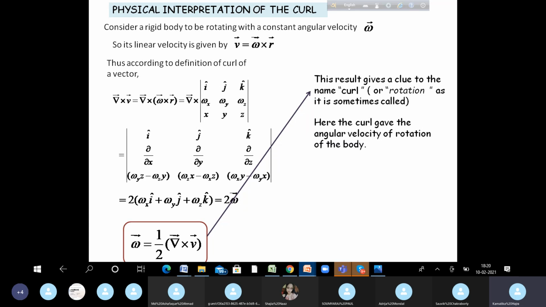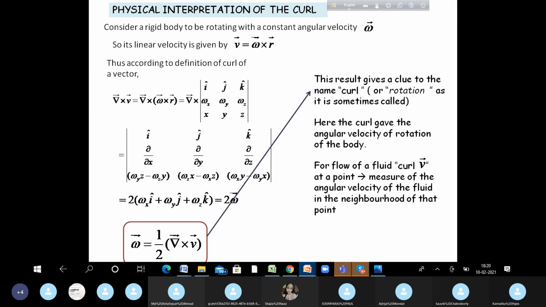Okay, so from this simple example you can see that if the body which is moving with a velocity v, if that velocity v is a constant vector, then curl of v would be 0, and then you would not get any angular velocity related to it. So you would get an angular velocity only if the linear velocity is a variable.